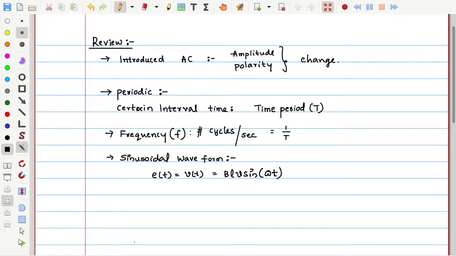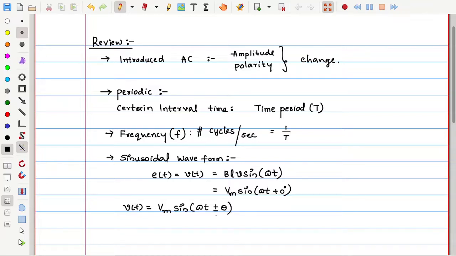In a more generalized form, we had written this as Vm sine omega t plus 0 degree. And the generalized sinusoidal voltage representation will come in this form as Vm sine omega t plus or minus theta. Theta can be 0, positive or negative, any value.